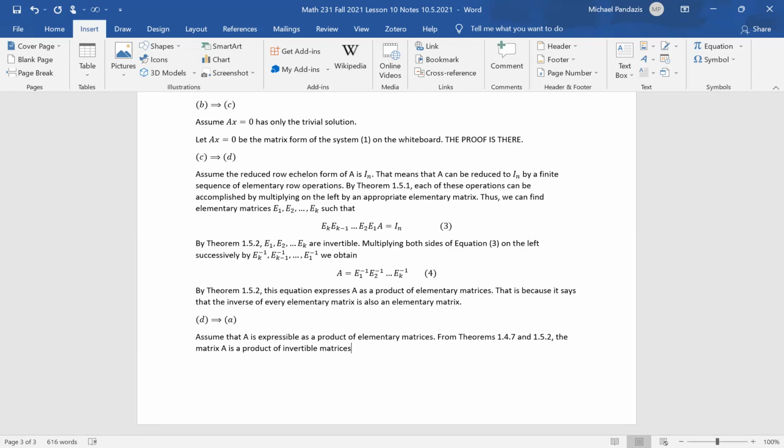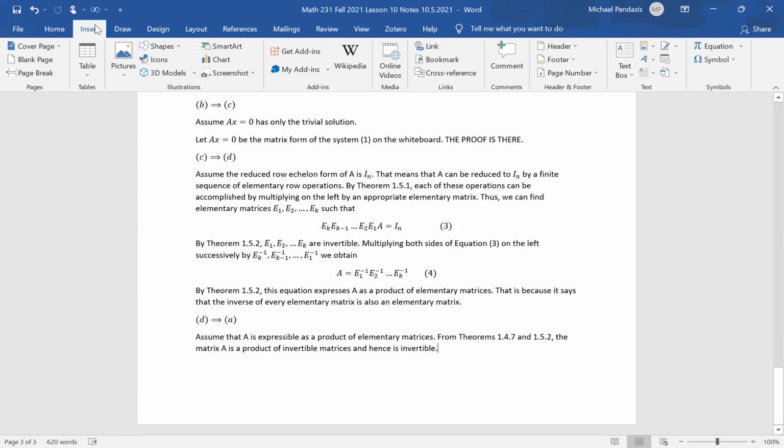And so the matrix A is a product of invertible matrices, and hence is invertible. Okay, so first we have A is expressible as a product of elementary matrices. Each of those elementary matrices by theorem is invertible. So now A is a product of invertible matrices. And by another theorem, the product of invertible matrices is also invertible. And so we now conclude that A is also invertible.